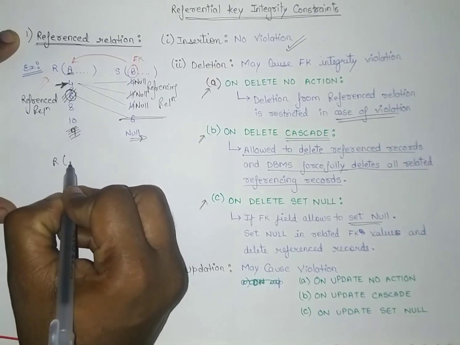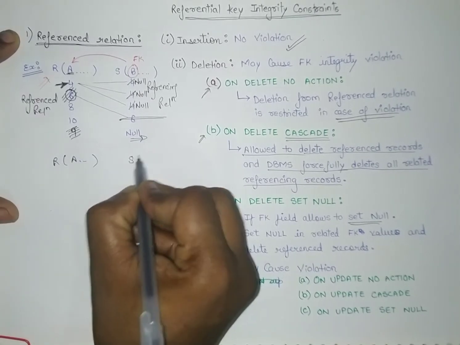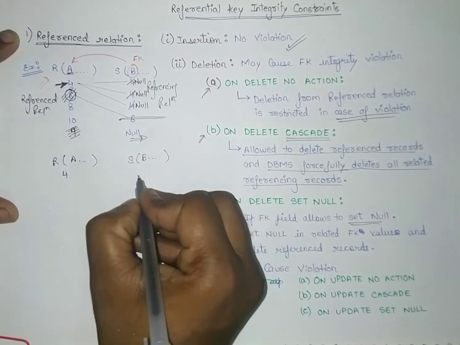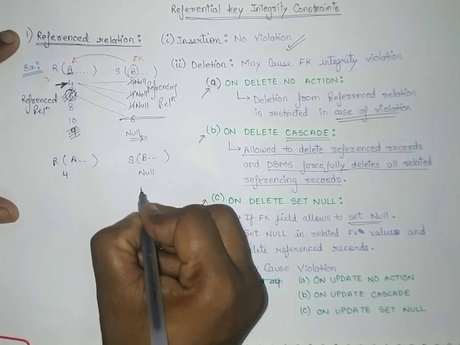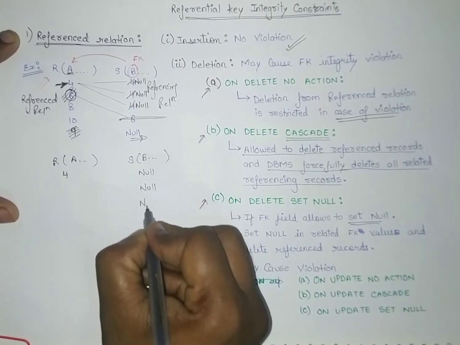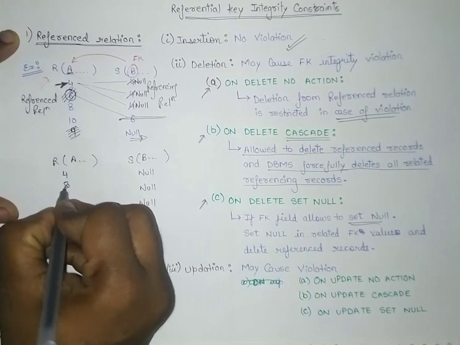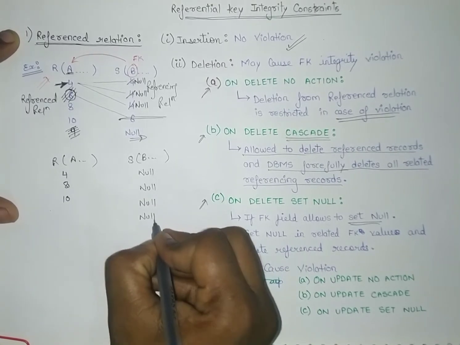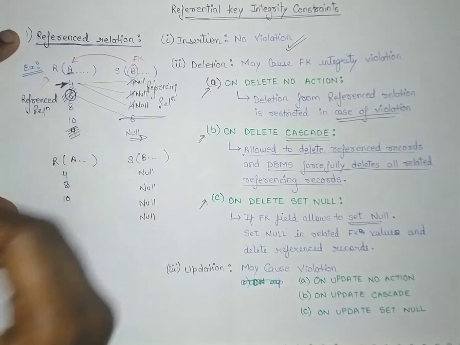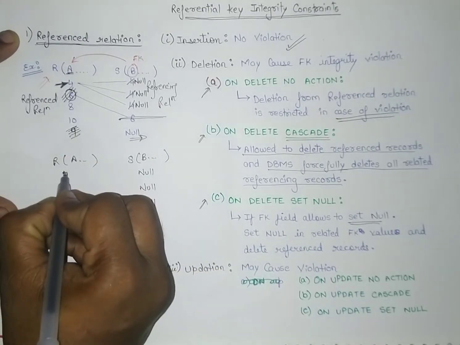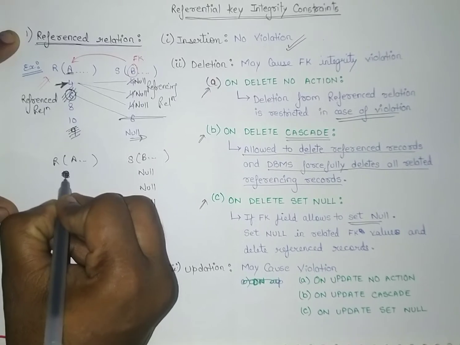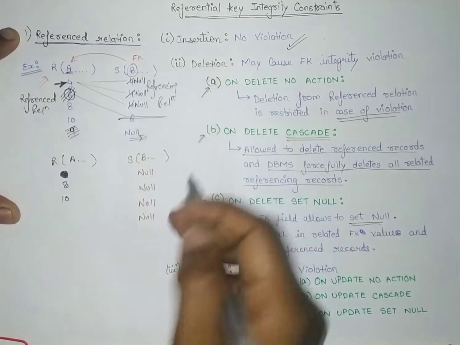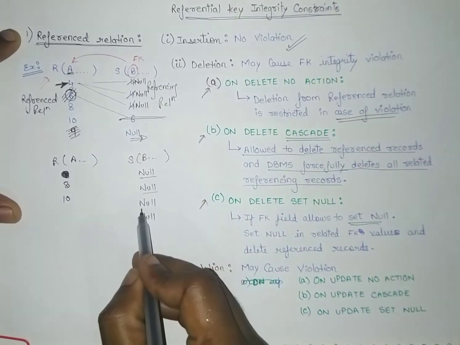This will be A, B: this will be 4, this will be null, null, null, 8, 10 and null. Here you can see that we have deleted 4, sorry, this 4 should not be here, I'm very sorry for that. So we have deleted 4, and instead of 4 in the referencing relation, we place null values as null was allowed.